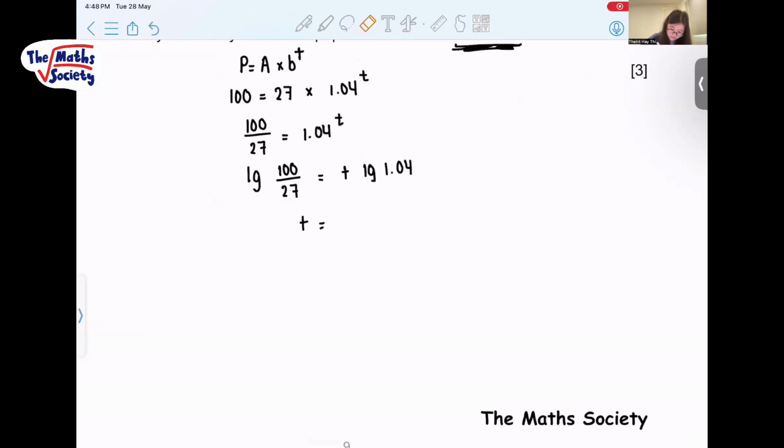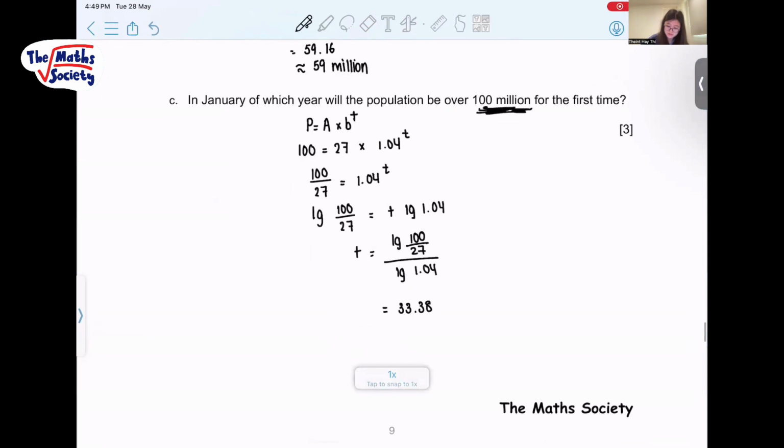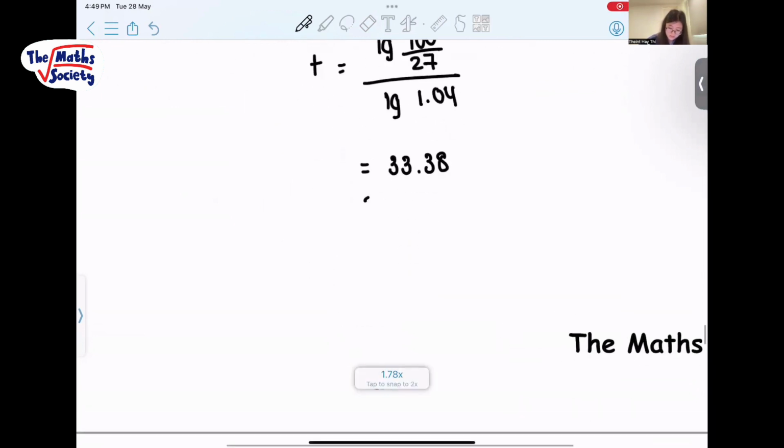I'll just write this step for you, which is log 100 by 27 divided by log 1.04, yeah? And then you'll get around 33.38. But we just want to know when it will be over 100 million, so we'll round it up to the bigger integer, which is going to be 34 years.